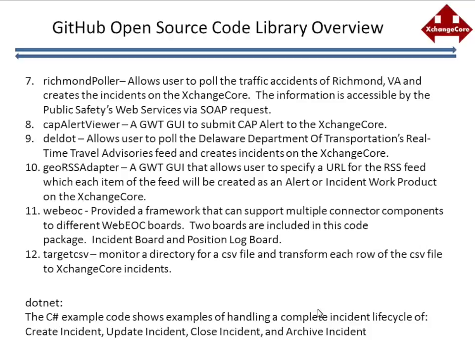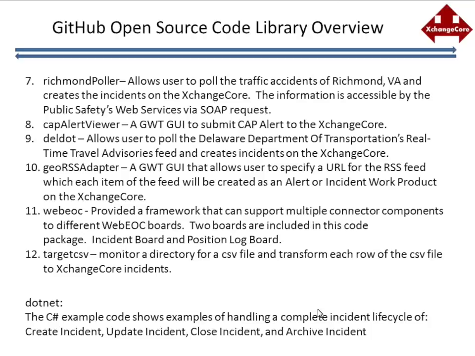So this Polar accesses that web service and pulls those traffic accidents from Richmond into an XchangeCore and creates incidents with each of those. And then as they disappear from the Richmond web service, they disappear from the core as well. All of that is done by translating that web service down at Richmond into an XchangeCore SOAP request.